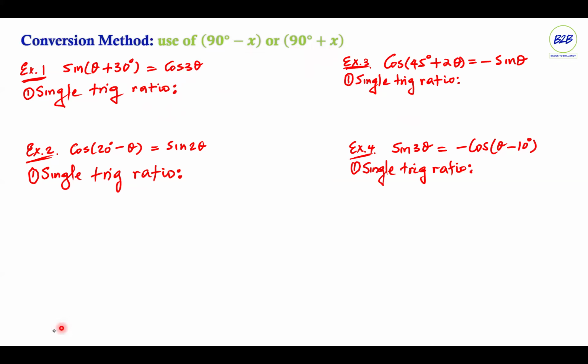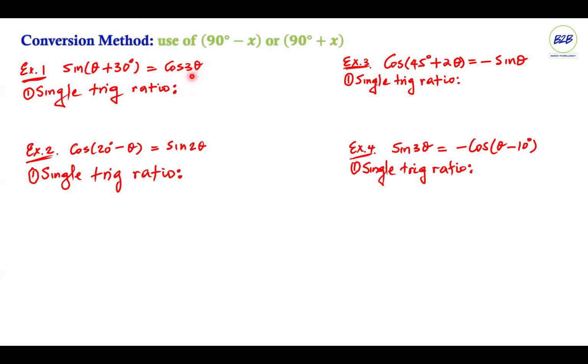All right. So the question is always, do we convert cos to sine or do we convert sine to cos? Actually, it really doesn't matter. But I would recommend that you check a simpler angle between these two angles.